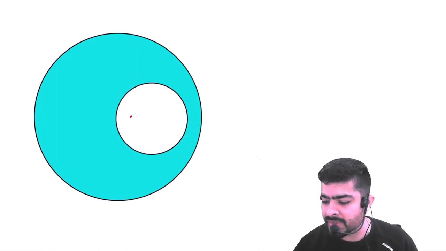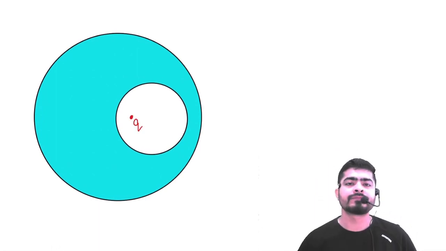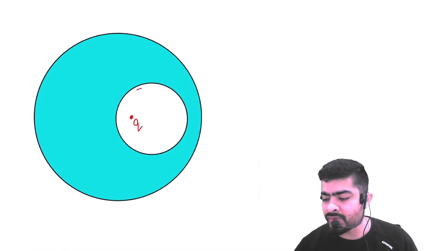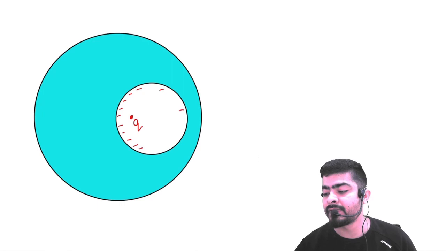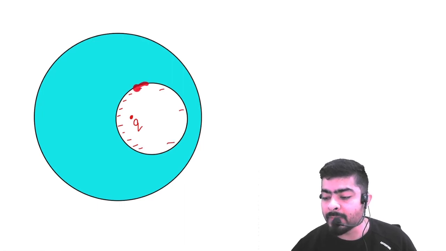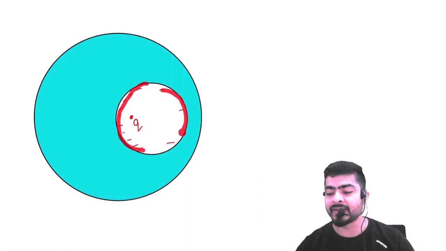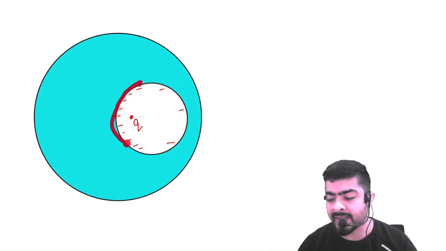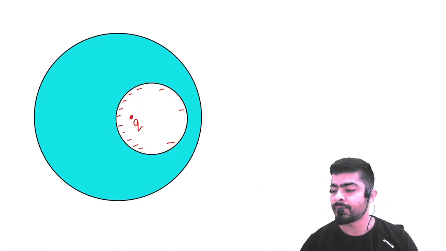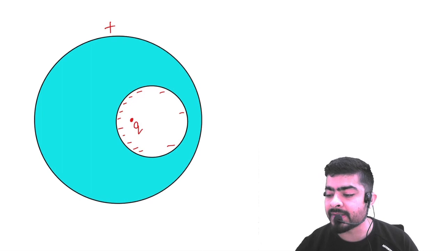So here we have a charge q. Then we will have some negative charge closer to the left side. There will be more negative charge on the left, less negative charge on the right. Why? Because the negative charge is attracted by this q.